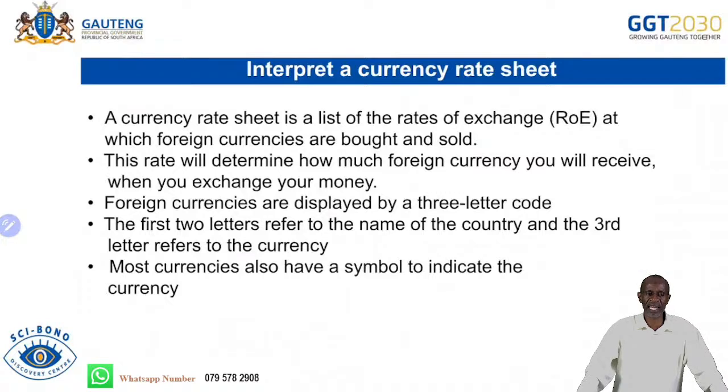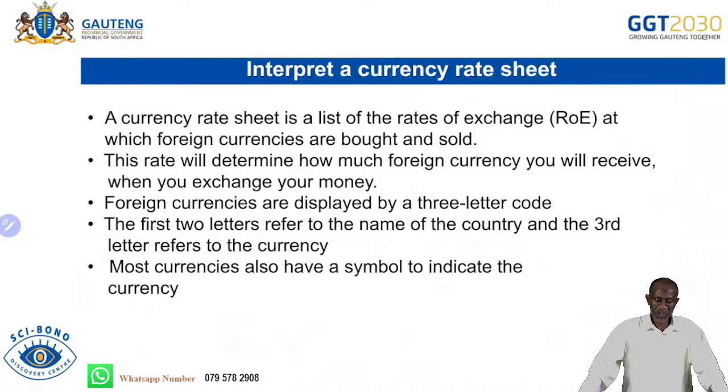So that has been kept over the years. South Africa is Zuid-Afrika in the Dutch language. So the Z has been derived since that colonial period. The first 2 letters of the code, that is ZA, refer to the country, and the 3rd and last letter refers to the currency.